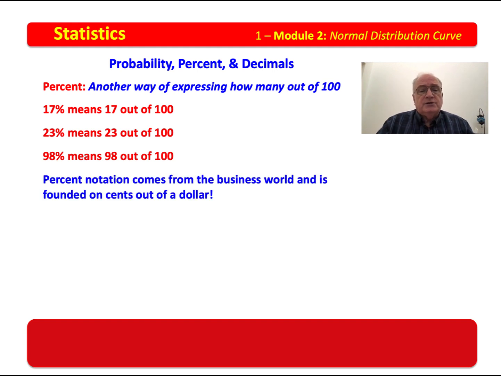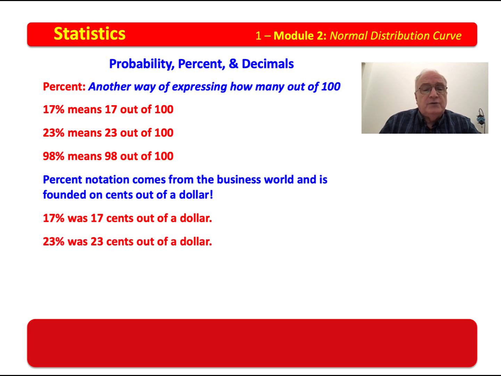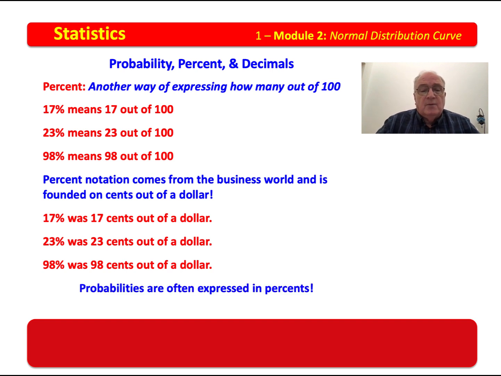The percent notation comes from the business world and is founded on the number of cents out of a dollar. 17% was 17 cents out of a dollar, 23% was 23 cents out of a dollar, 98% was 98 cents out of a dollar. Probabilities are often expressed in percents.